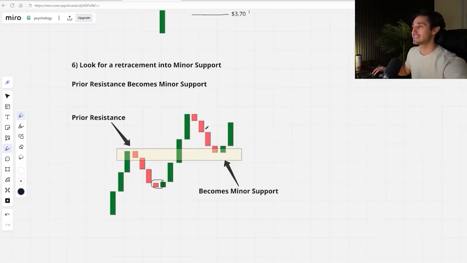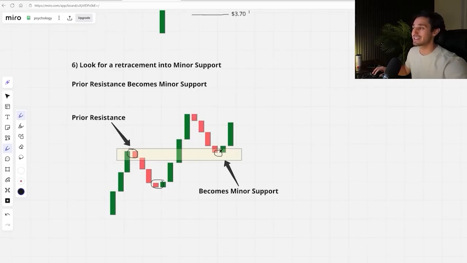We want to see this next dip basically dip into the prior resistance, right? Like at this point right here, this prior high, it's going to act as resistance. That's why this prior high is target 1, because that's the next level of resistance. But on this dip, we want to see this area of resistance become support.